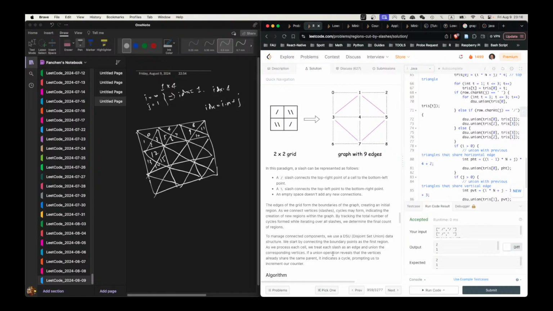As we process each cell, we treat each slash as an edge in a union of corresponding vertices. If a union operation reveals that the vertices already share the same parent, it indicates a cycle, so we increment the counter. This is actually even easier than the other one.